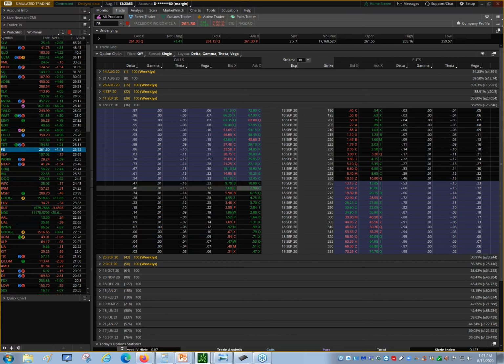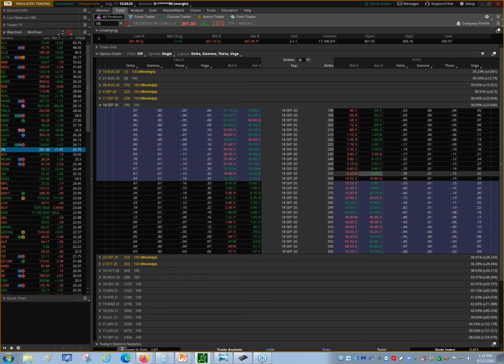Vice versa, on the put side, you can see that delta is negative. Again, that's because the assumption is a dollar move higher. And when you have a positive plus a negative, that means it's a negative, right? So in this case, if we looked at the 255 puts, a dollar move higher in the underlying, our premiums would decrease by that 39 cents, okay?